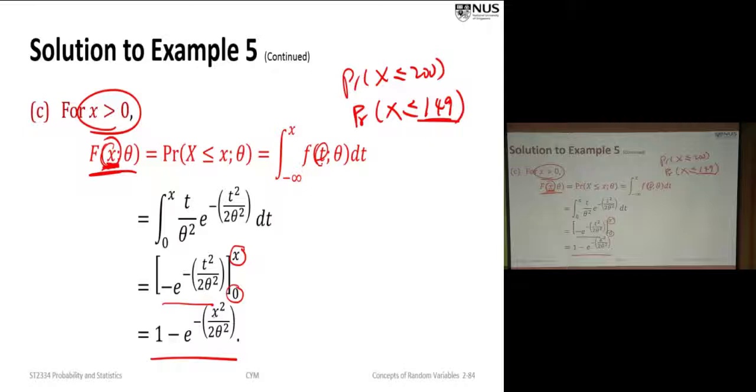So, if I want to know the probability of x greater than 95, where x follows the PDF given there, this is equal to F95?